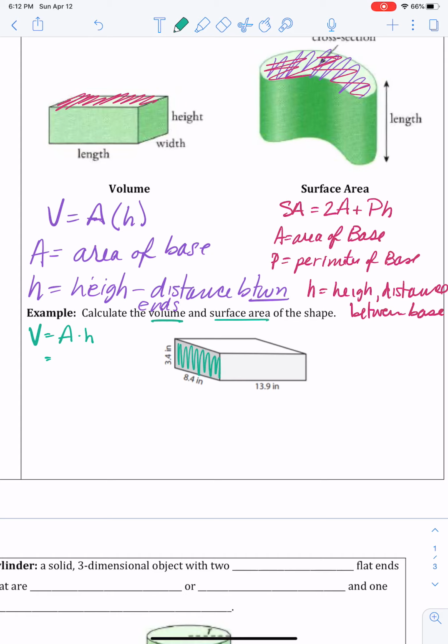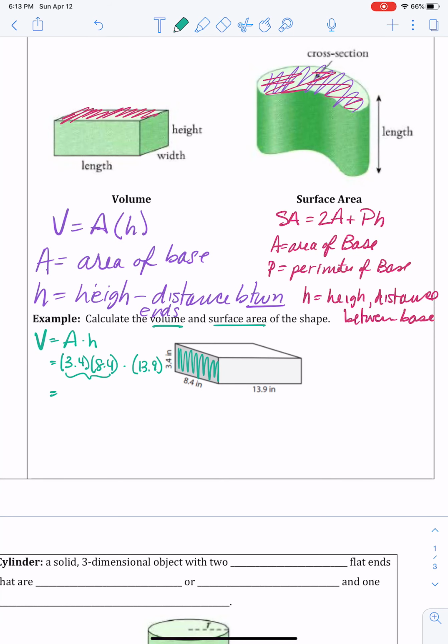It doesn't matter which one I use. So that's 3.4 times 8.4, the area, times the height, which is 13.9. Now in grade school, you learned volume equals length times width times height. This is the same idea. It's just that we simplify it because I can use the area of the base for almost any three-dimensional shape.